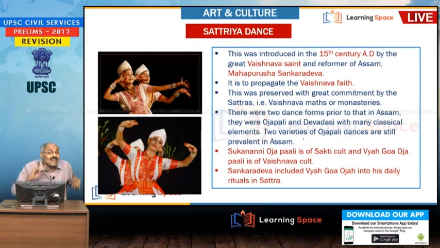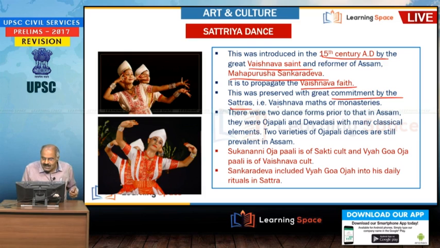Then Sattriya. Sattriya was introduced in the 15th century by the Vaishnava saint and reformer of Assam, Mahapurusha Sankaradeva. So when somebody is talking about Sattriya, please don't forget Assam, and that it is to propagate the Vaishnava faith, and this was preserved with great commitment by the Sattras, you can say Vaishnava mutts or monasteries, right.